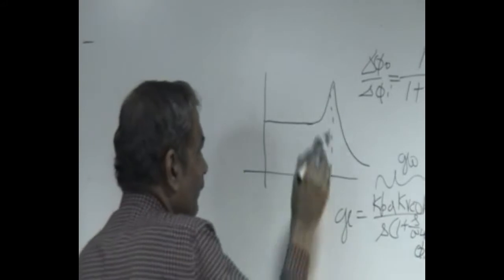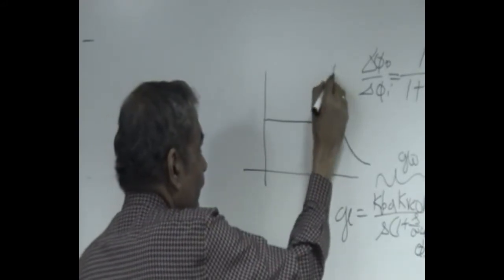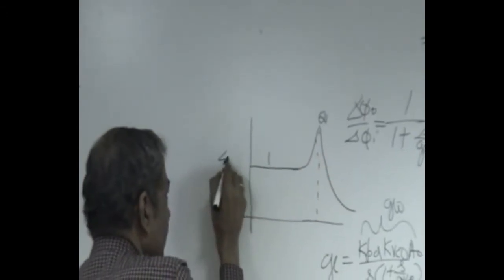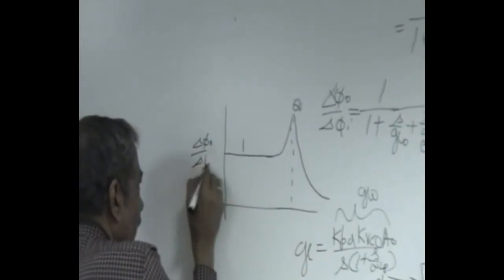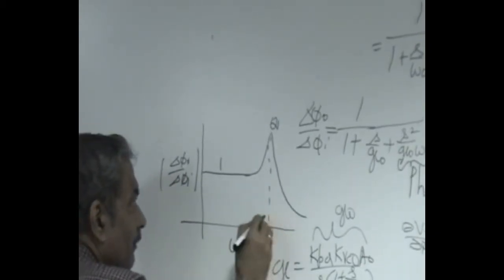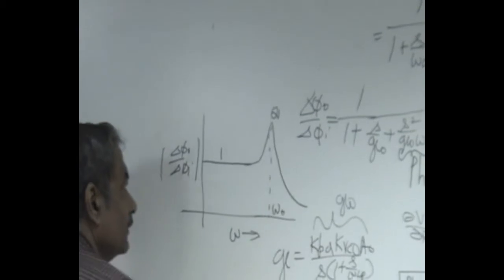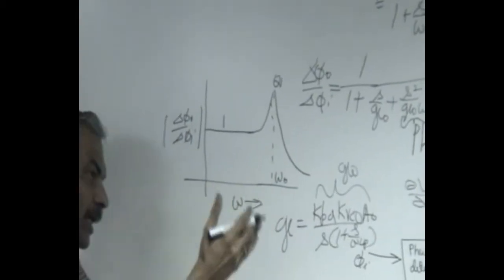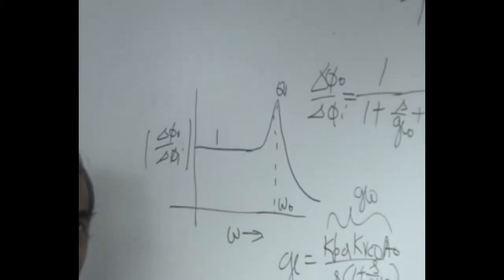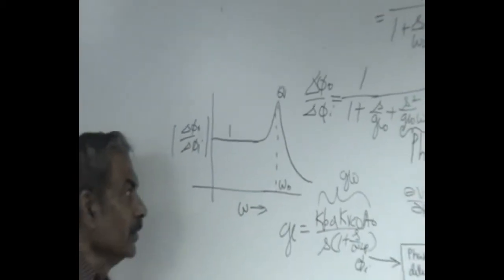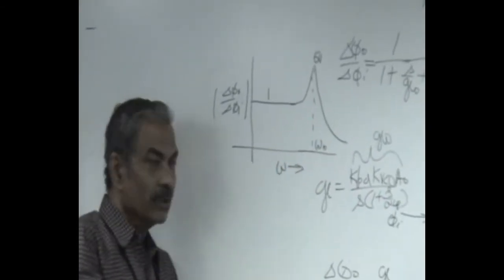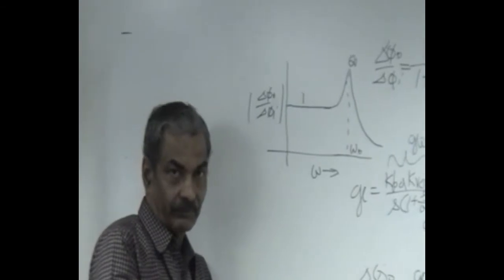This is Q, this is unity, the magnitude function varying with respect to frequency, around the natural frequency omega naught. So we must work at a rate such that the rate of change of phase is pretty low compared to the natural frequency of the system. Then only it acts as a phase follower.